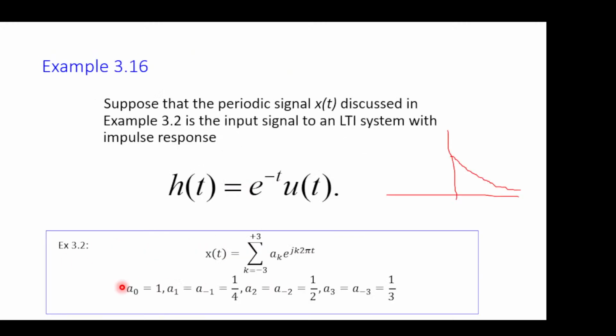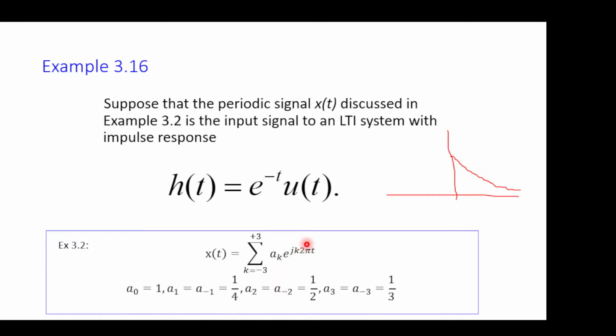Let's see a more concrete example. Our x of t is what we had before in example 3.2, already in this Fourier series form, and we have all the coefficients listed here.